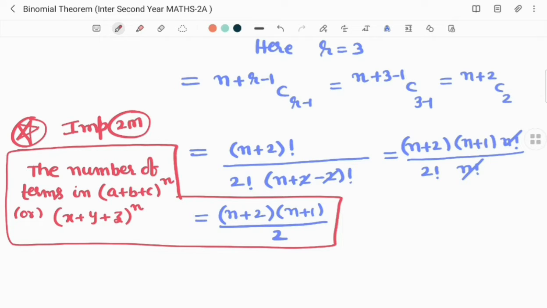One example also I'll try to give. That is in the trinomial we have. In the exercise itself it is there. In that exercise I will explain. No need to explain here.